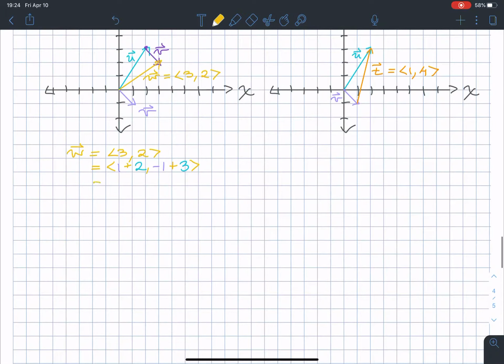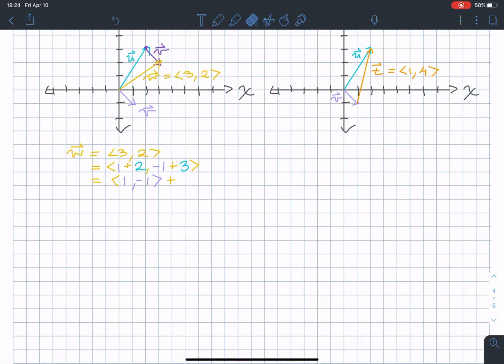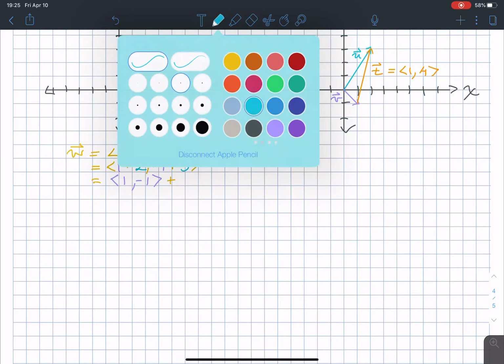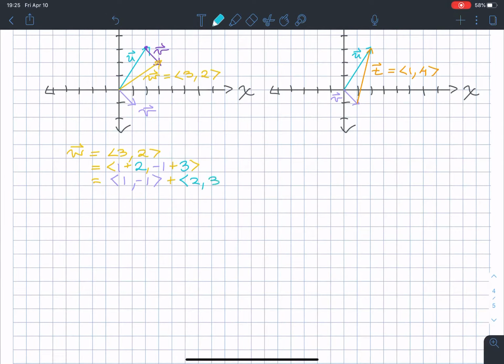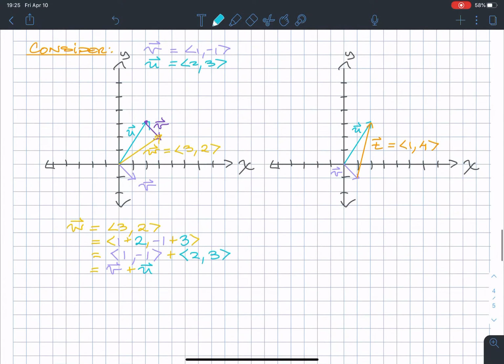So breaking this up, I claim that this can be written as 1, -1 plus 2, 3, which of course is vector v plus vector u. So that's kind of interesting.